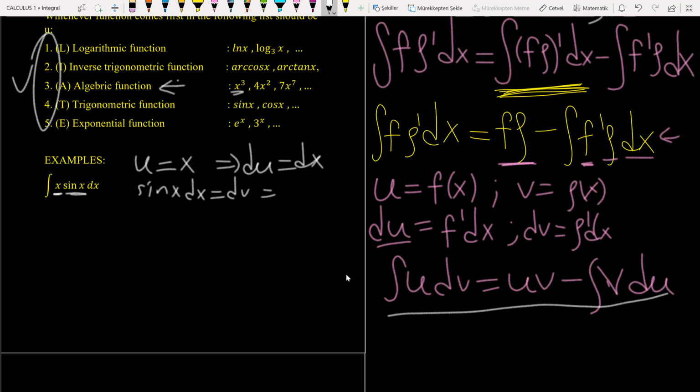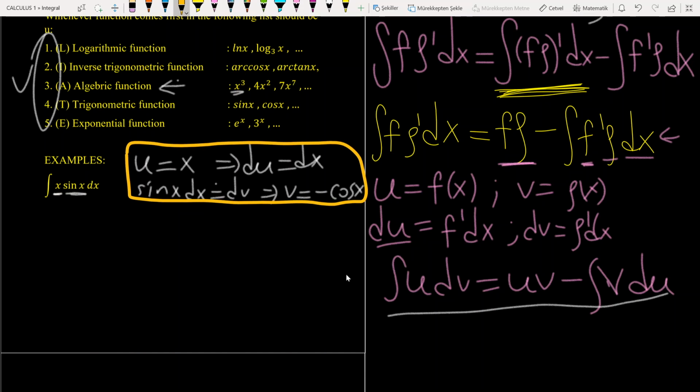If you integrate both sides of this equality, you get v as minus cosine x. Now let's put all this information in the formula of integration by parts and continue to solve the problem.